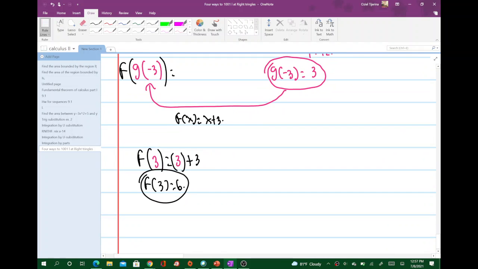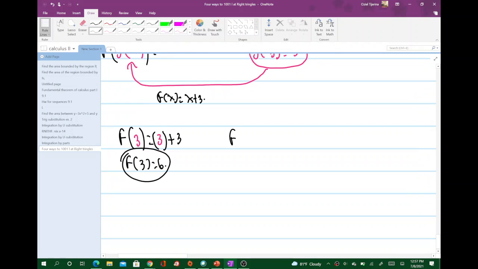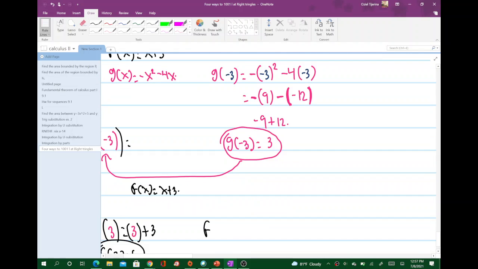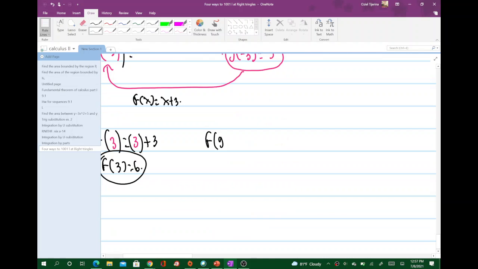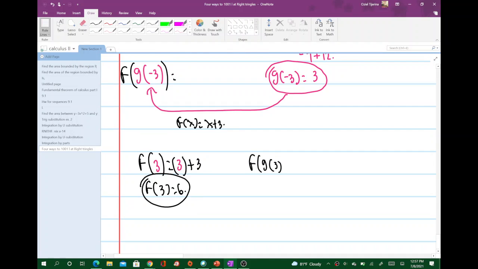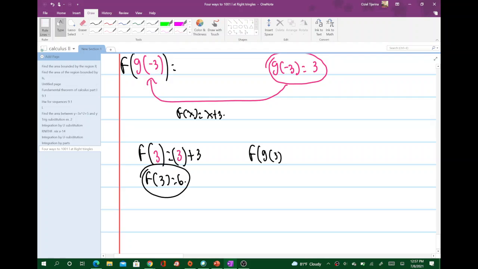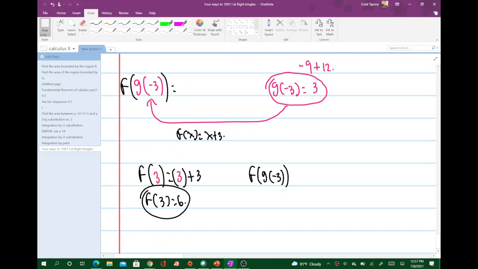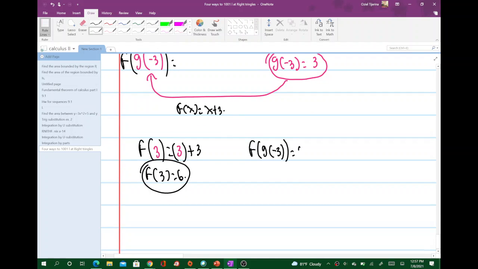However, you want to write it in the right way, so that means that f of g of, I'm sorry, f of g of negative 3, because we said f of g of negative 3. We said that g of negative 3 is 3, and we said that f of 3 is 6. So f of g of negative 3 is going to be 6.